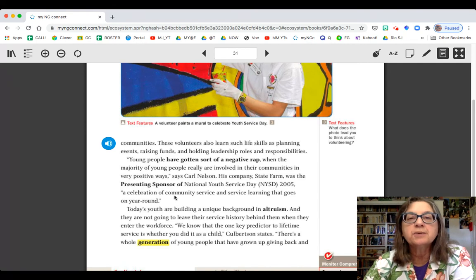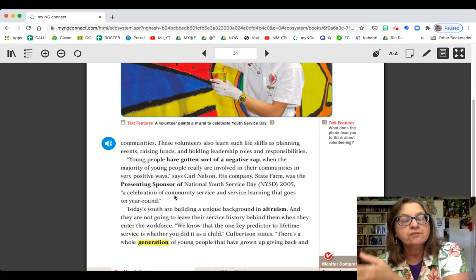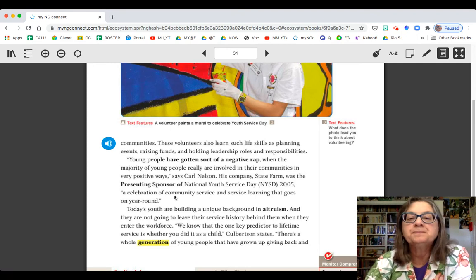So presenting sponsor, they helped provide the money and the opportunity for this to go on back in 2005. A celebration of community service and service learning that goes on year-round. So there are always ways to help. Right now with COVID and us being stuck in our homes so much, there's not as much opportunity to volunteer, but definitely there still are ways to help.